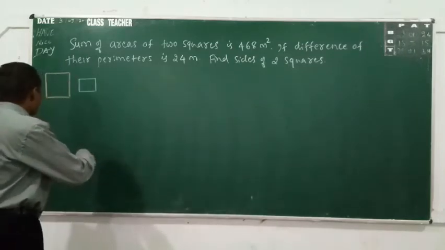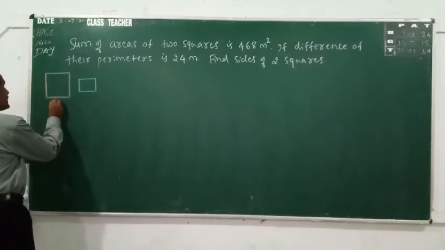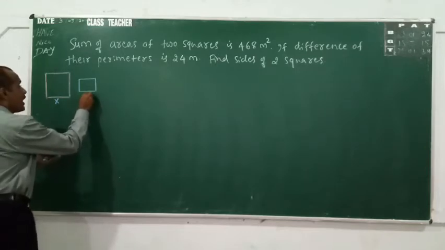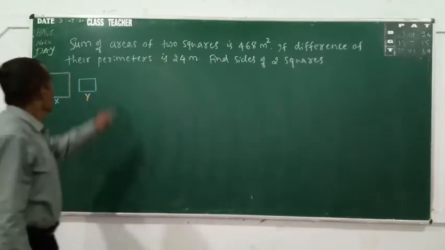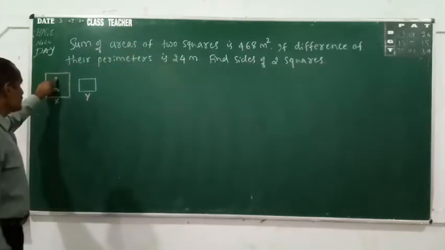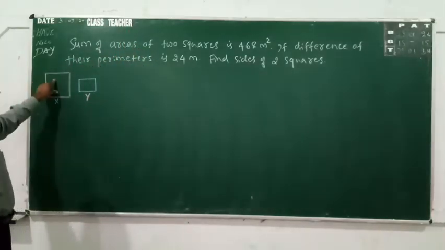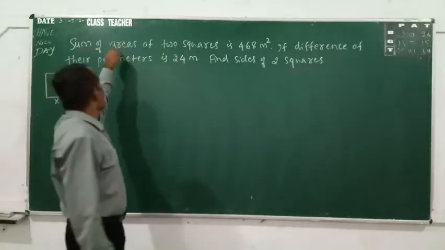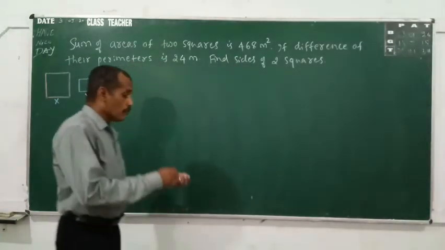What I will do, I will take each side as x. Here I will take each side as y. Okay? Area of this, side into side, x square. Area of this is y square. And if you add them, you are getting 468.